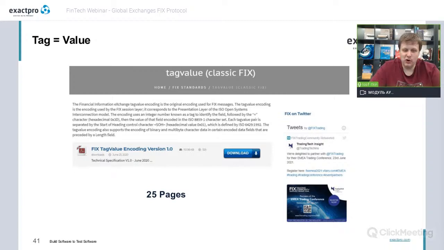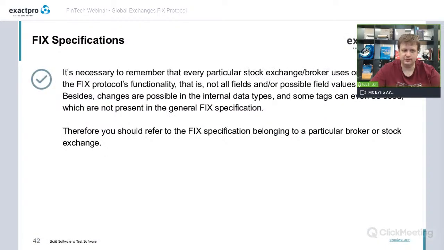There are more recent documents also available. In particular, if you are registered on the FIX Trading Community website, you can download a simple document that describes the tag-value encoding used in the FIX protocol. It is just 25 pages, and it is fascinating reading.